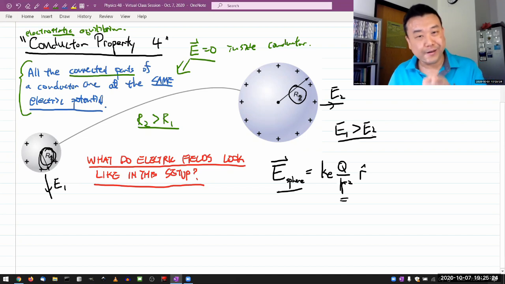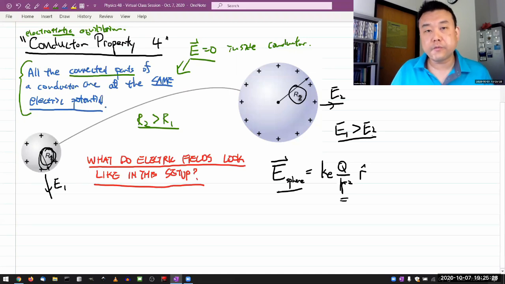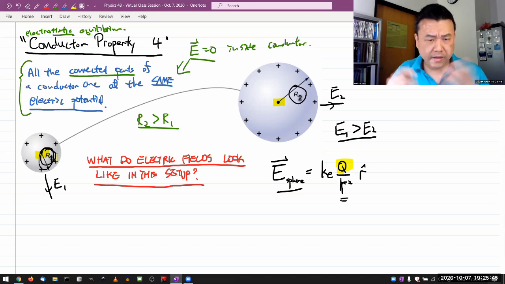Now, this inequality itself is not wrong, but the reasoning process that went into it is wrong, because for that reasoning process to be valid, what had to be true is that the amount of charge on both of these spheres had to be the same, and they are not. And nothing in the setup actually forces them to be the same.